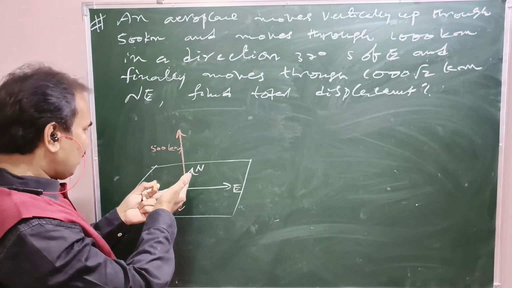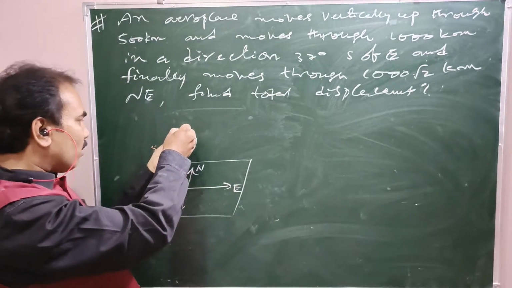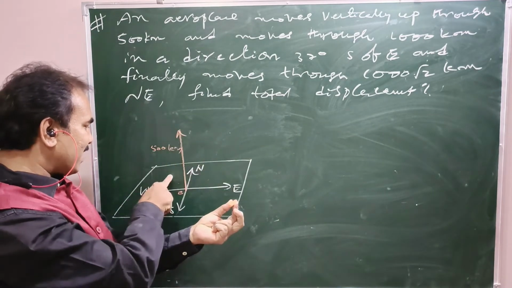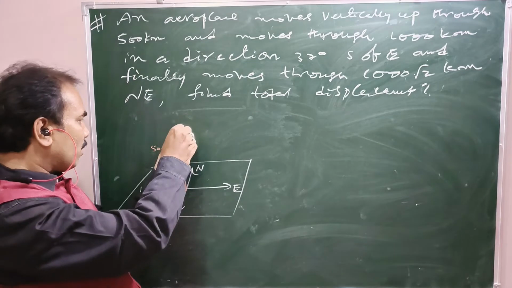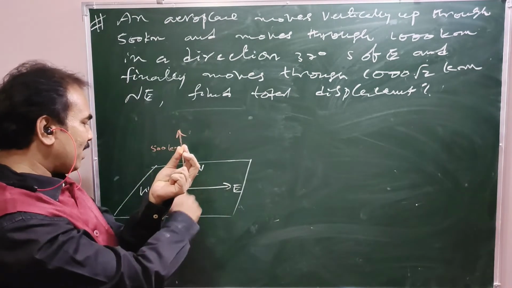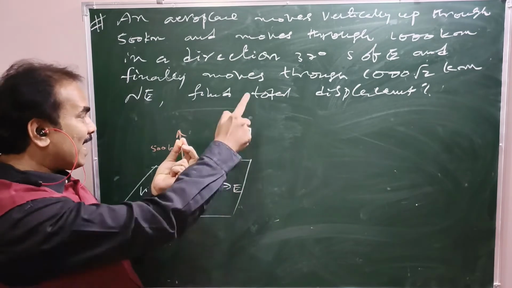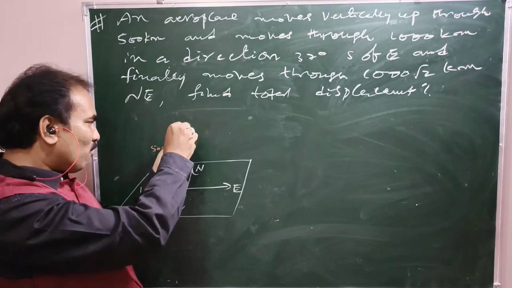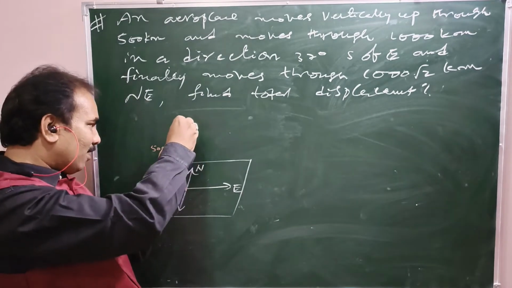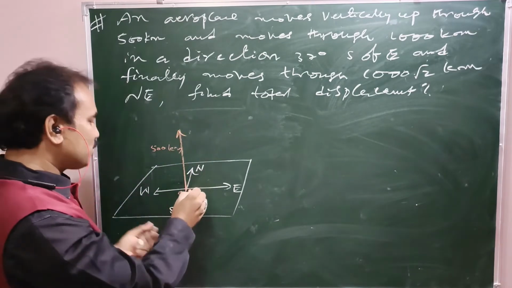Suppose after covering 500 kilometers vertically up, it moves in the fourth quadrant like that. 37 degrees south of east means the angle is taken with east, but it moves in this plane, fourth quadrant. I am shifting that vector parallel to itself and joining somewhere here in this plane like that.